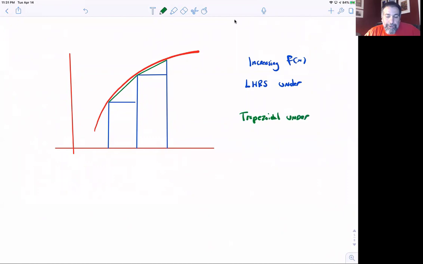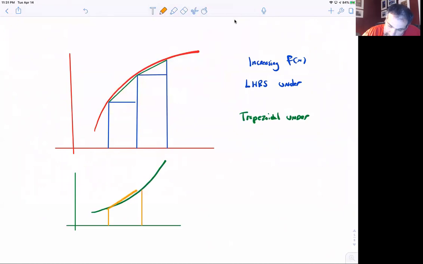But is it an under approximation because we're increasing? Not so fast, because I could draw another function here that is also increasing, but if I go to do a trapezoidal rule on this particular function, I am going to have an over approximation this time.